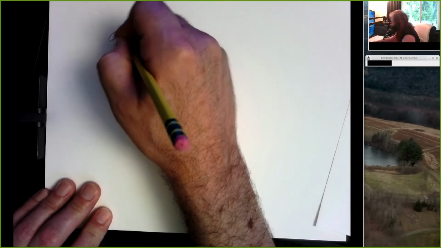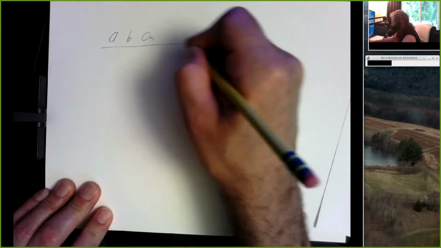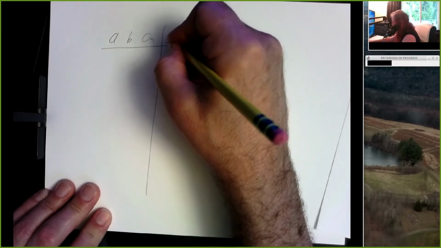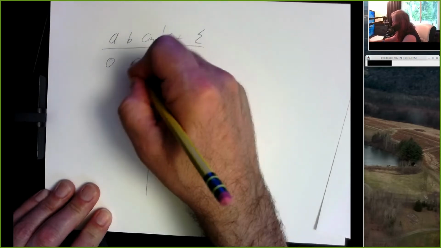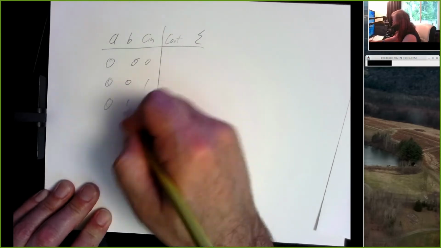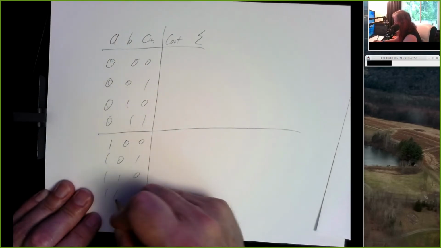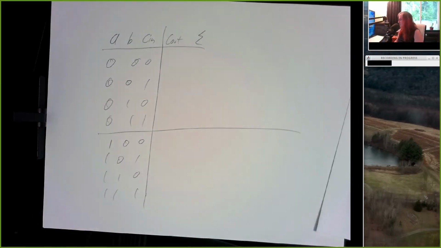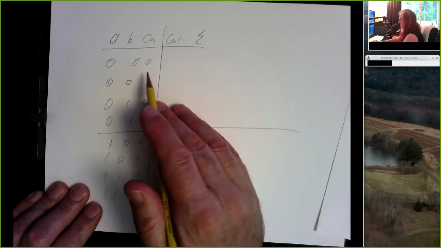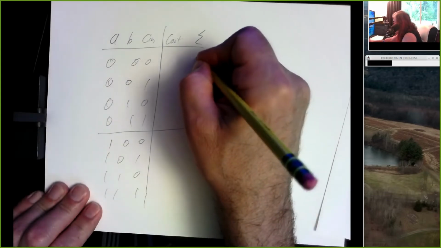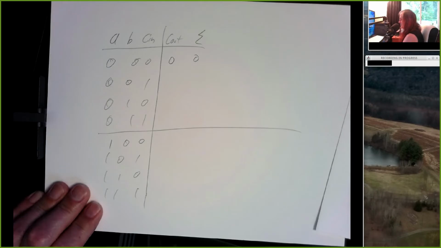So let's look at a full adder truth table. And this is basically adding 2 bits plus an incoming carry. So it's adding 3 bits together. So if I add 0 and 0 and I have no carry coming in, the sum should be 0, there's no carry generated.